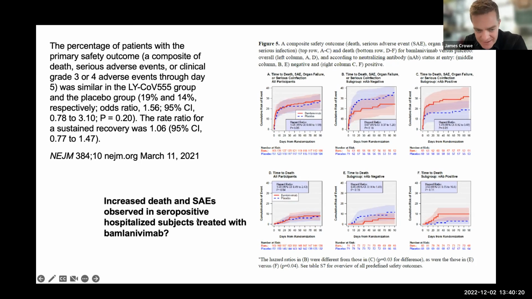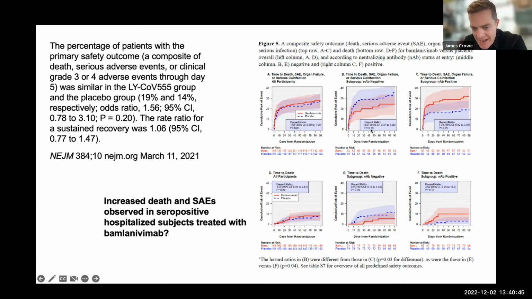But I went back to the preprint, and if you look at when they segregated those who were neutralizing antibody positive in their serum, the time to death flipped from antibody helping you to antibody hurting you if you're already seropositive, meaning you're farther along.